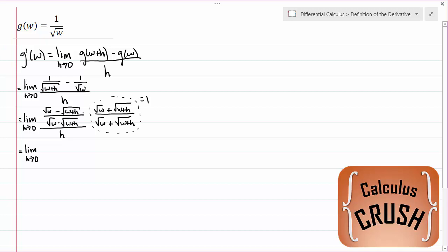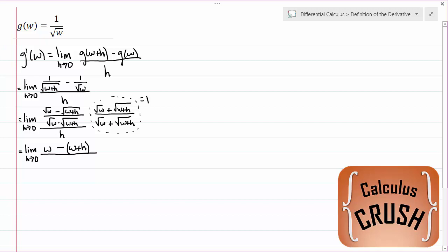So square root of w times square root of w is just w. And then we have the square root of w times the square root of w plus h. But then we minus the square root of w times the square root of w plus h. So those cross terms cancel. And then the last term we have is the square root of w plus h times the square root of w plus h. Now on the bottom, so we've got the denominator here.